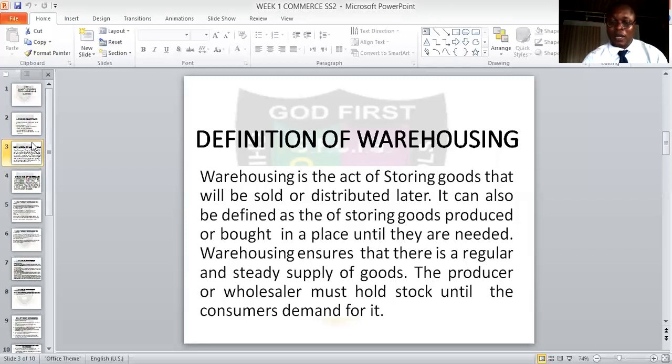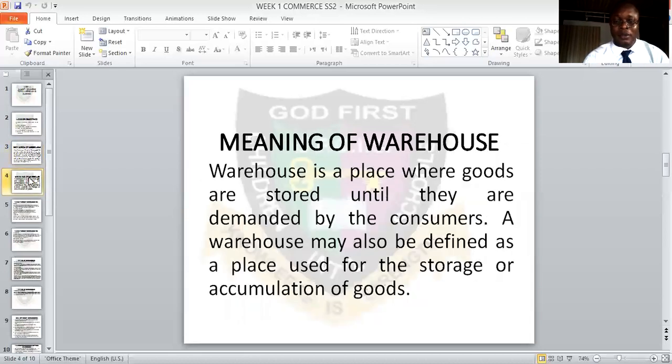So the producer or the wholesaler holds onto the stock until the consumer demands for this particular goods. So that is for warehousing. Then let us look at the warehouse.